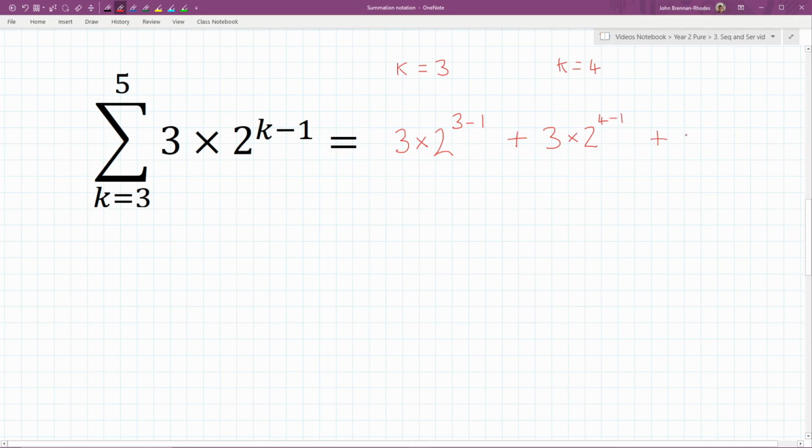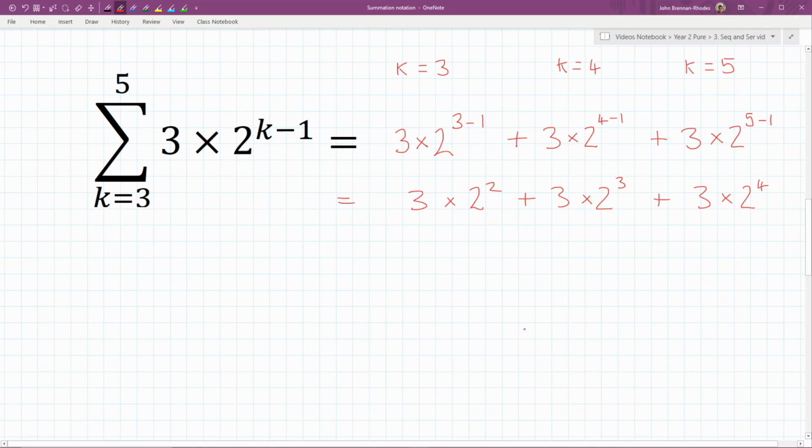And I add to that 3 times 2 to the power of 5 minus 1, because that is what happens when k is equal to 5. Simplify that: 3 times 2 squared plus 3 times 2 to the 3 plus 3 times 2 to the 4.